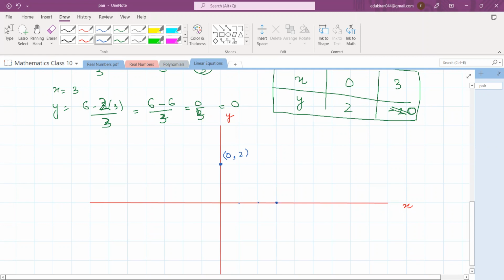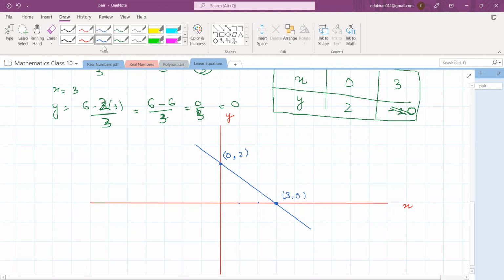So when x is 3 and y is 0, this is the point. These are the coordinates of the point. Now you have to join them. So that's how your graph looks.